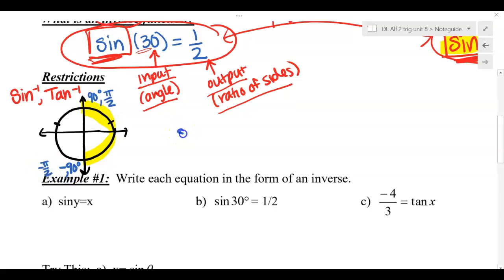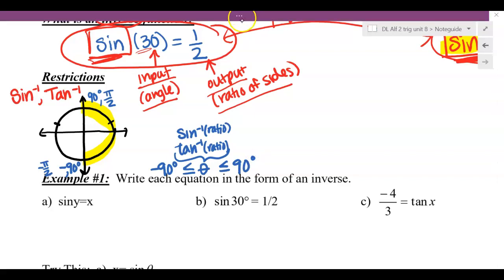So what I'm saying here is if you're calculating inverse sine of some ratio, or inverse tangent of some ratio, you are getting an angle as an answer. That angle needs to be greater than or equal to negative 90, but less than or equal to positive 90. Okay.